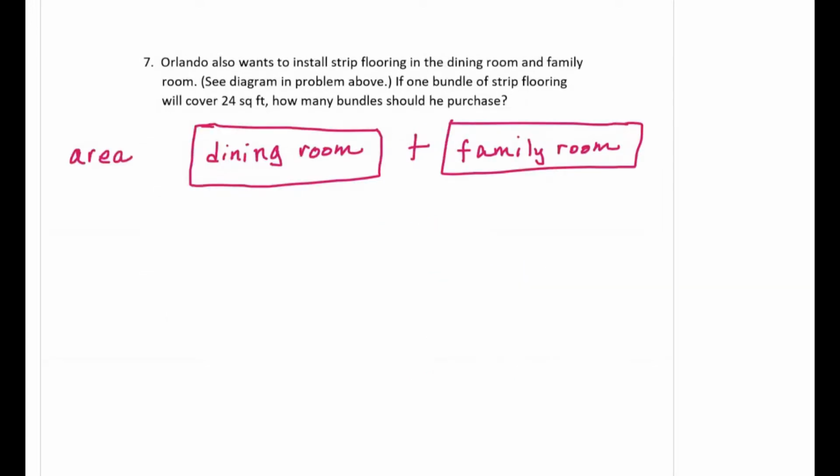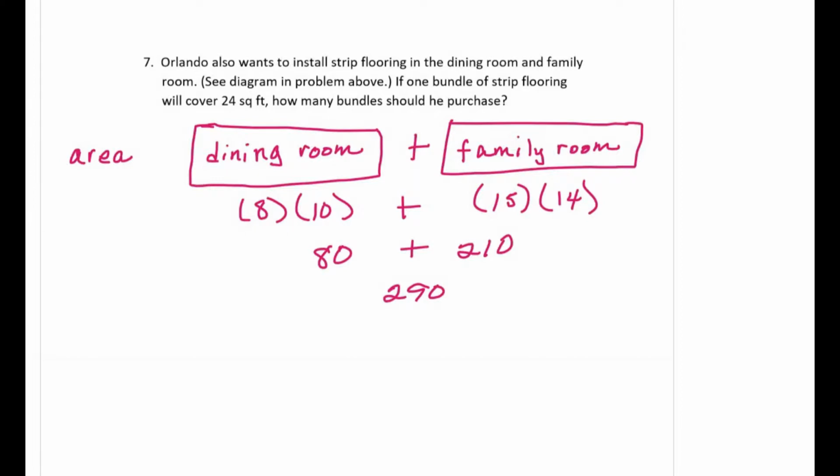The area of the dining room is 8 by 10, and the area of the family room was 15 by 14. The total area that needs to be covered is 290, and now I need to figure out the number of bundles that I need. So I have a total of 290 square feet that I need to cover, and each bundle covers 24 square feet, so I take 290 divided by 24.